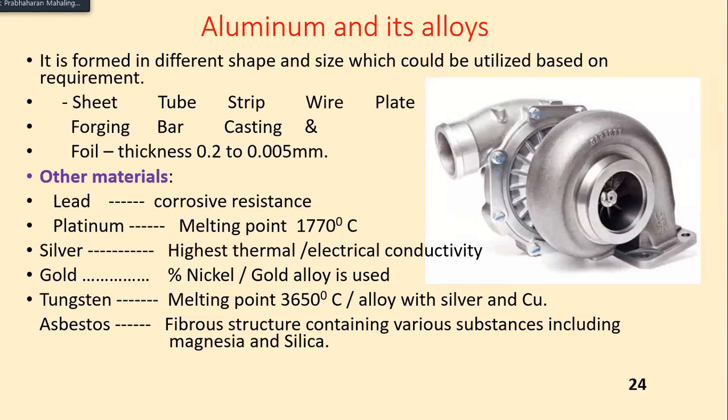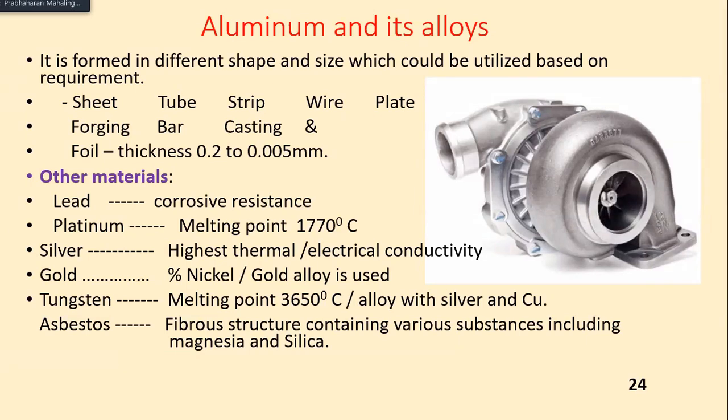You can make aluminium sheet, tube, strip, wire, plate, forging, bar, casting and foil. Foil thickness is 0.2 to 0.005 millimeter.